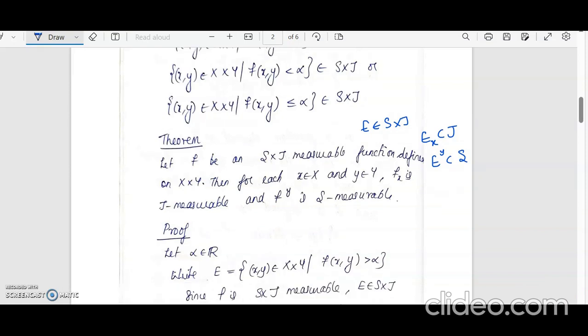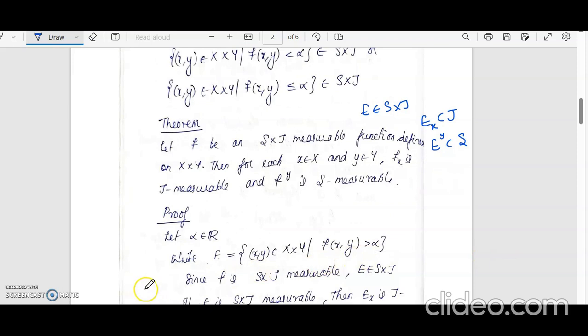Now, we are given that f is S cross J measurable.